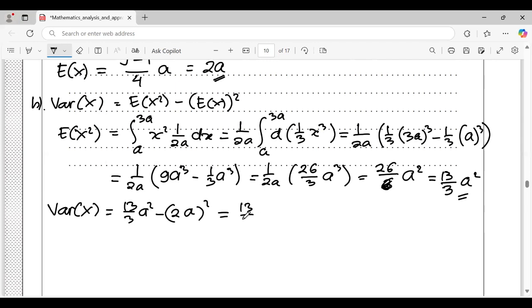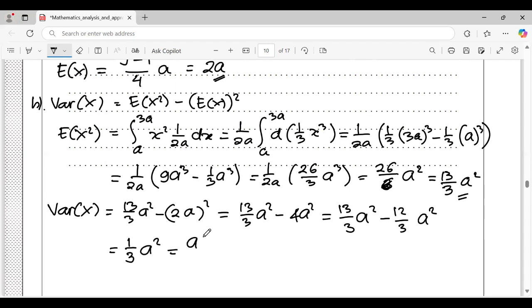So 13 thirds a squared minus 4a squared. 13 thirds a squared minus 3 times 4, 12 thirds a squared. 13 minus 12 is 1. So it's 1/3 a squared, or a squared over 3.